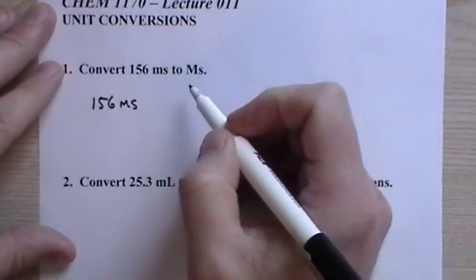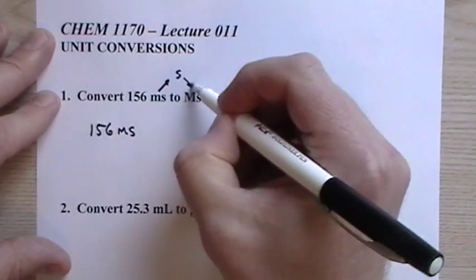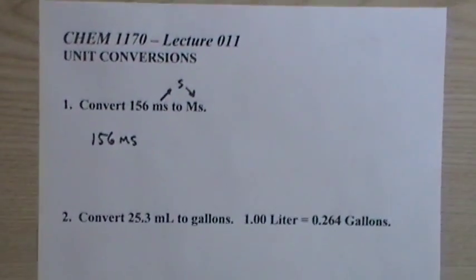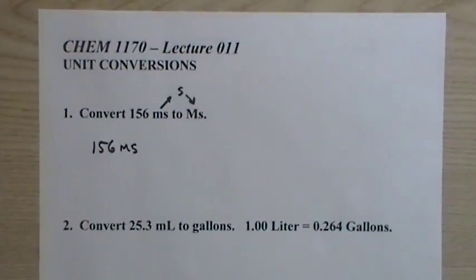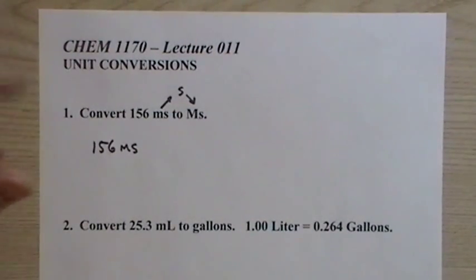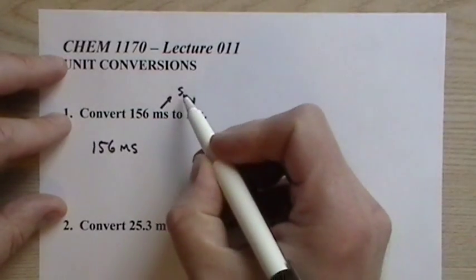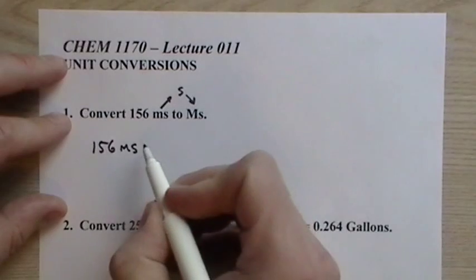Since we have the metric system here, we'd go from milliseconds to seconds and from seconds to megaseconds, because we know the power of 10, that's the relationship between milliseconds and seconds, and then between seconds and megaseconds. It's very simple.